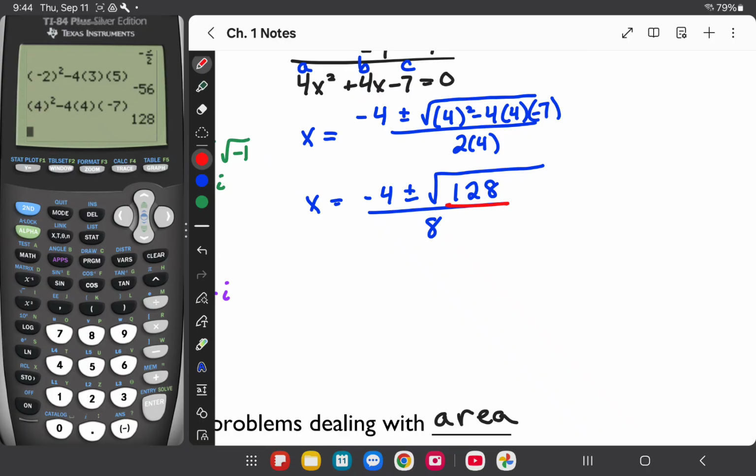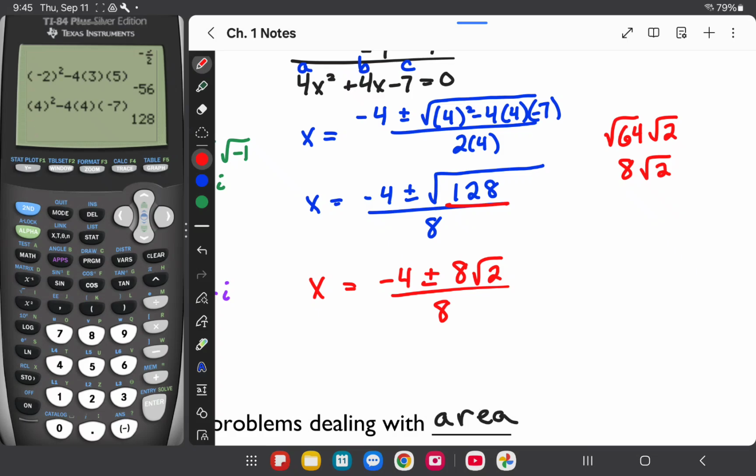Let's go ahead and reduce the square root of 128. The largest perfect square you can divide that by is 64. 64 times 2 is 128. And then the square root of 64 reduces to be 8. So 8 radical 2 is how we will simplify our radical. Replacing that in our current expression, we end up with negative 4 plus and minus 8 square root of 2 over 8.